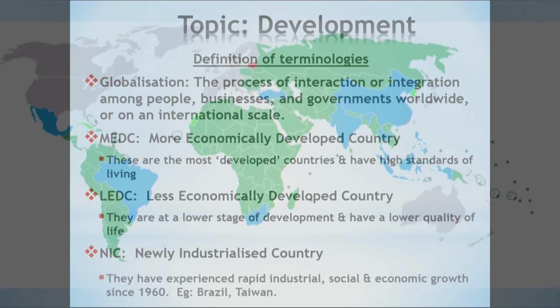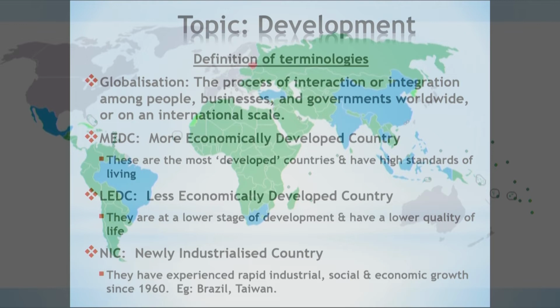Okay, good? Good. Now, these NICs, or newly industrialized countries, have experienced rapid industrial, social, and economic growth since 1960. An example can be Brazil or Taiwan.